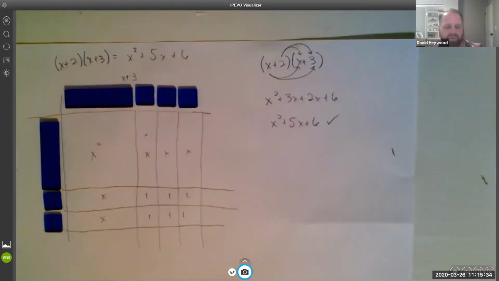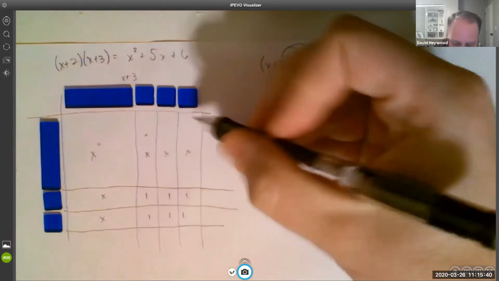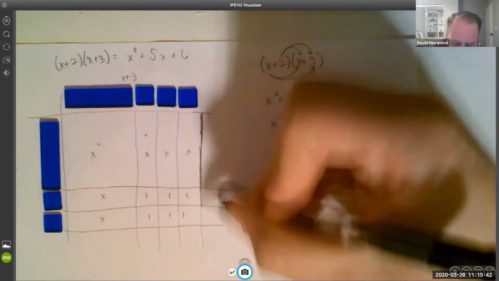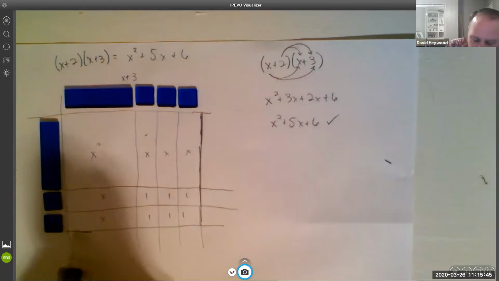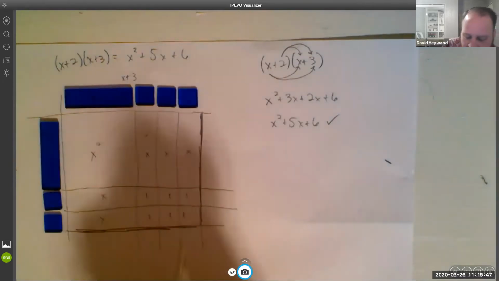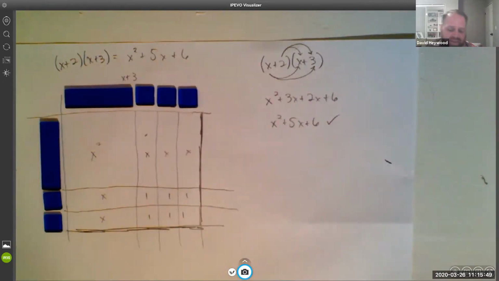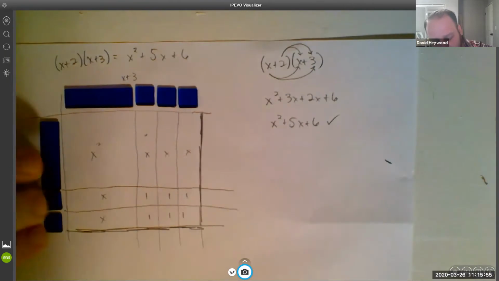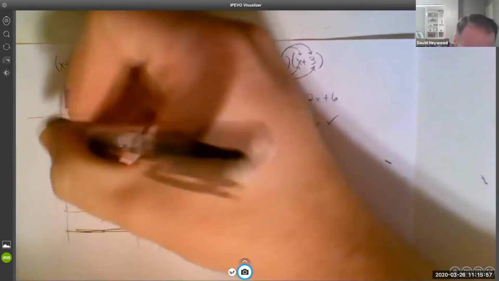You might be thinking, well, but how do you know to stop there? It's because that's where the tiles stop. You know what I mean? You're bound by the extent of where the tiles fall, right? This is the rectangle that you're looking for. So I think it's actually easier even to draw. Of course, you'd have to draw the x plus 2. Well, that's not too bad, right?